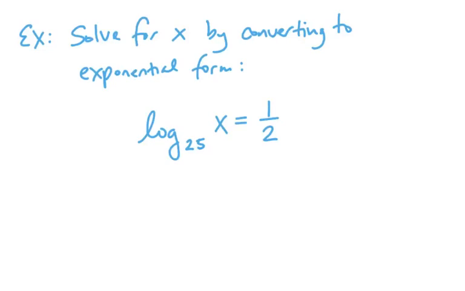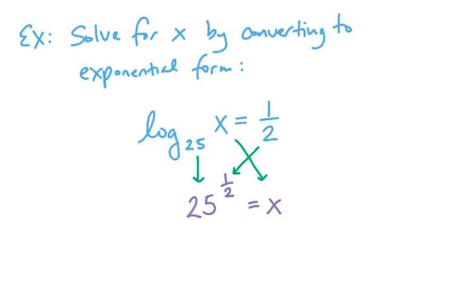So let's just start by dropping our base and then crisscrossing. So I would get to this statement, 25 to the power of 1/2 equals x. And again, the neat thing is, as we transition from the log form that we were given to the exponential form, it is very intuitive to us. Now we're just working on solving, what is 25 to the power of 1/2, or simplifying, because that is the value of x, right?